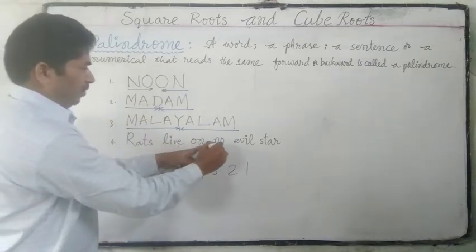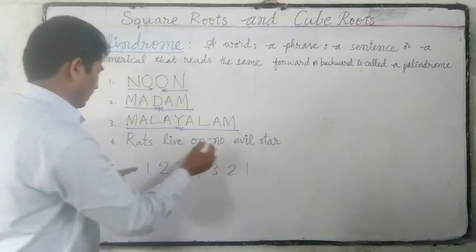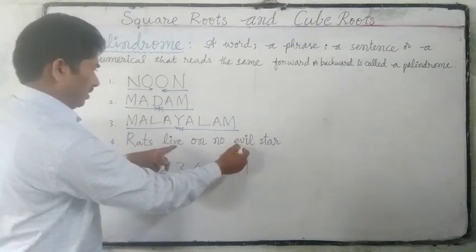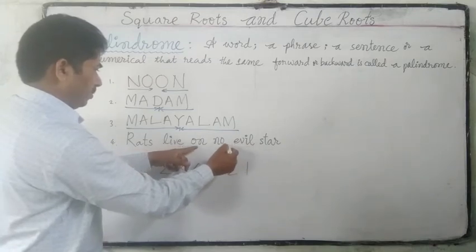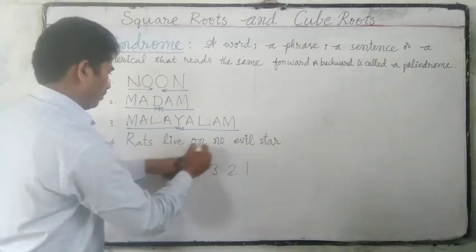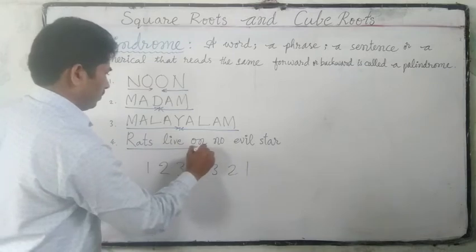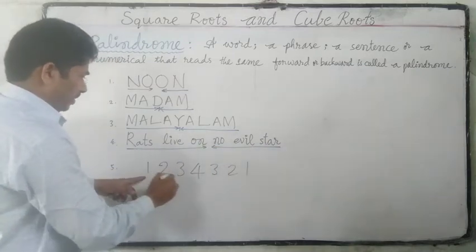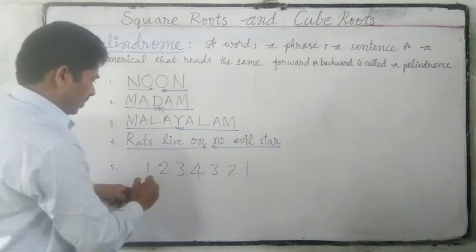Rats live on no evil star. This is a numerical one: 1, 2, 3.